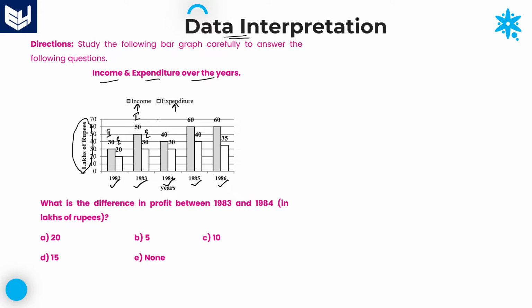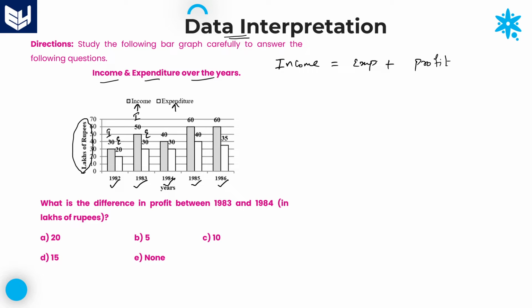And one more piece of information we need to know while solving examples related to income and expenditure. Whenever income and expenditure come into the picture, we need to understand that there is a relationship between these three terms: income, expenditure, and profit.